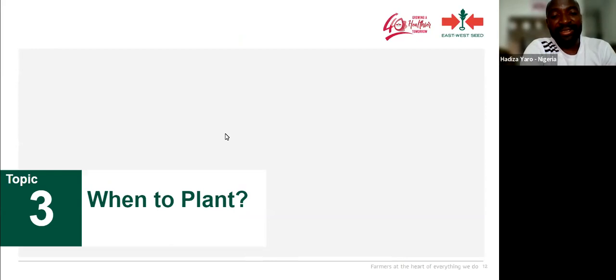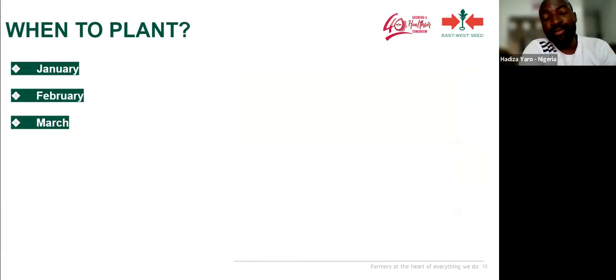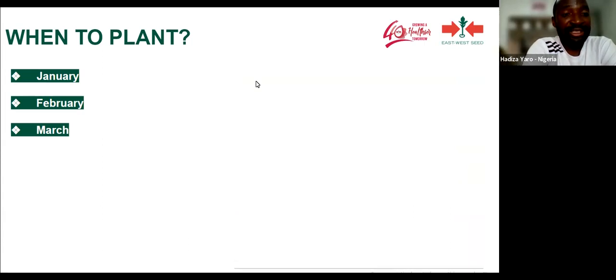So when to plant? The month to plant is basically from January down to February, then March.